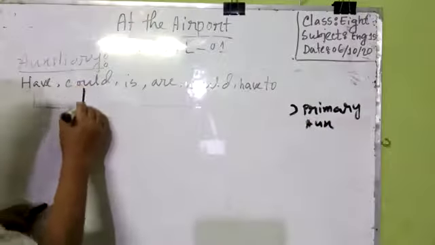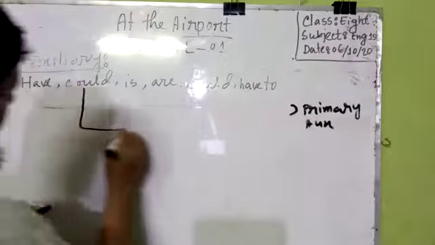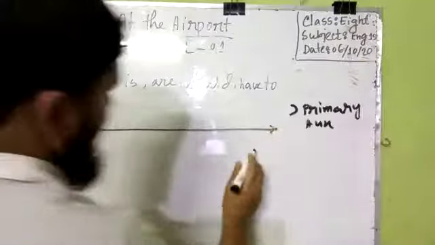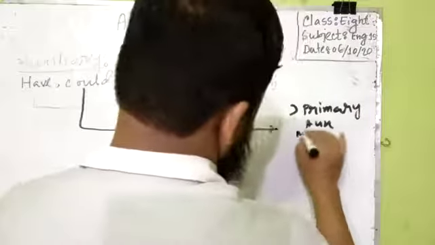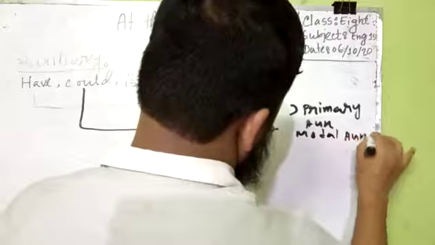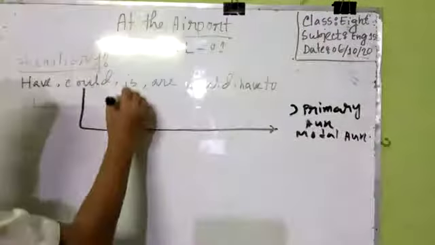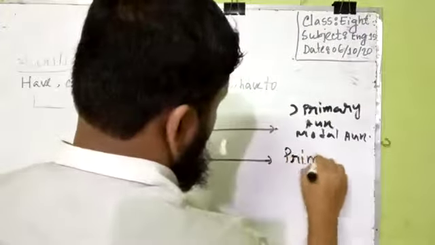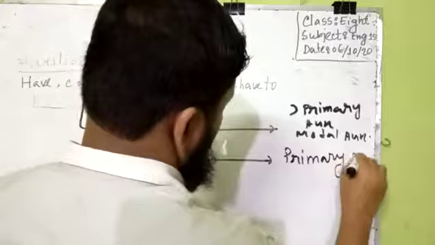Then you can see could, modal auxiliary. Then you can see is, primary auxiliary.